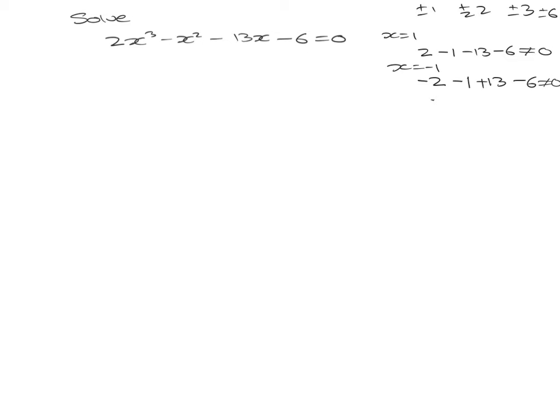But as the negative is closer, I think I'm going to try x equals negative 2 next. So you're going to have 2 times negative 2 cubed minus negative 2 squared minus 13 times negative 2 minus 6. So that's going to be minus 16 minus 4 plus 26 minus 6.